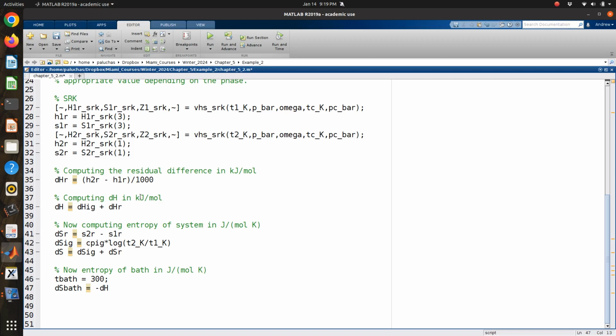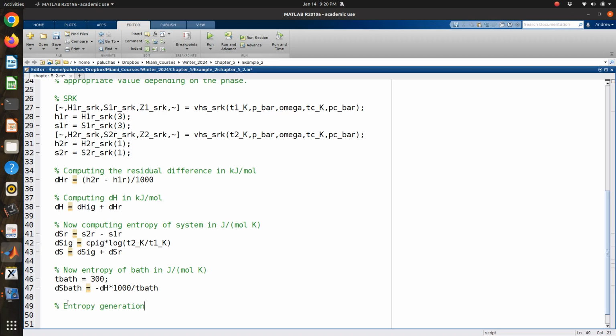Now dH here is in kilojoules per mole, so I'm going to multiply that by 1,000 to get it in terms of joules per mole. So it's Q, which is equal to delta H, multiplied by 1,000, and then I divide by T bath. So there's ds bath. I don't need parentheses here, it's just multiplication.